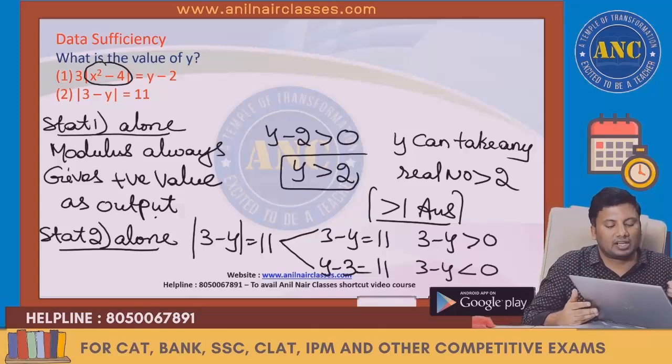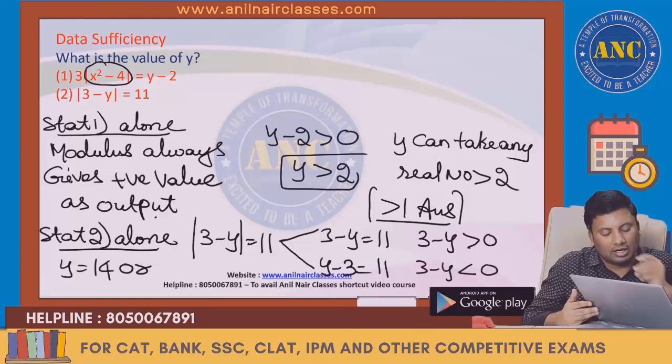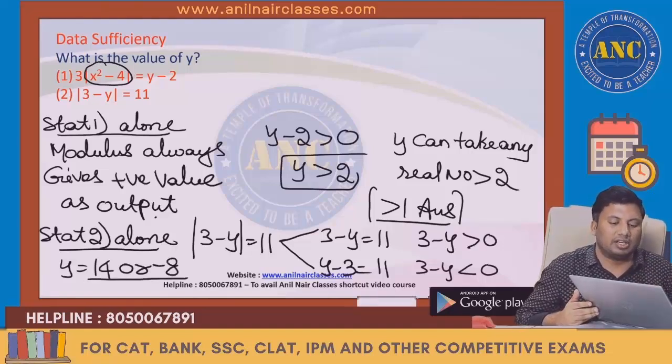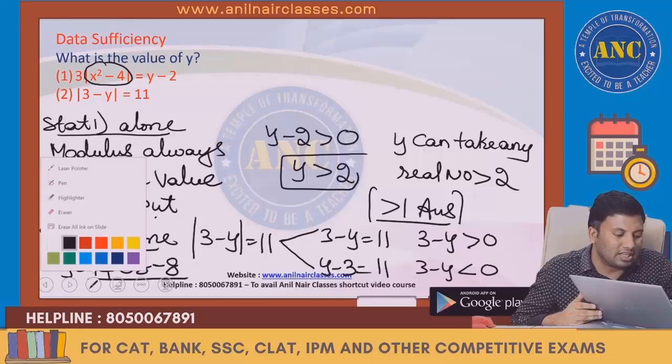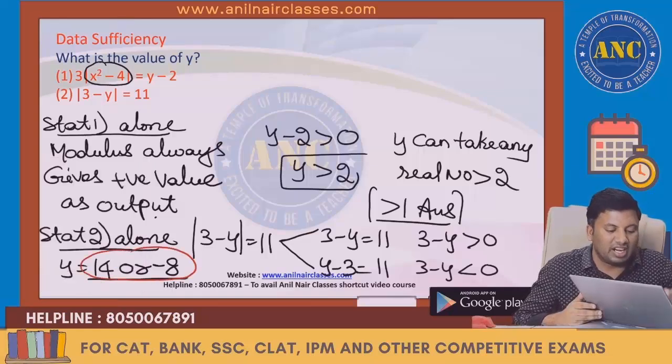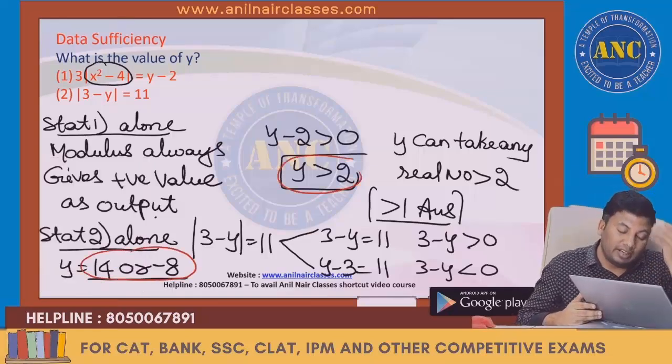I hope it is clear. So y is 14 or minus 8. Two answers I am getting. Statement 2 alone is giving you two answers. Statement 1 is giving you infinite answers.